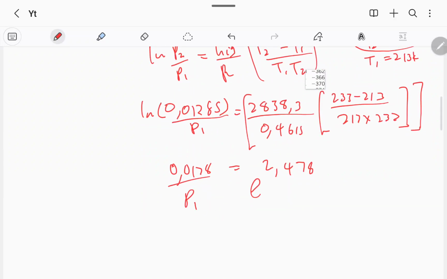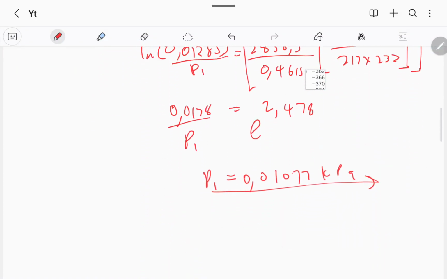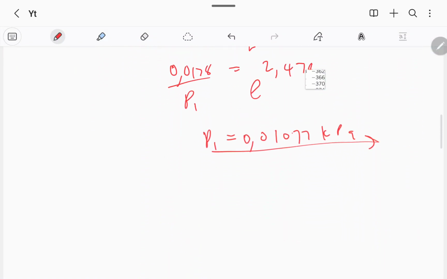Then you can solve for P1, just basic math, and it will be 0.1077 kPa. So already interpolated, we got the answer here.